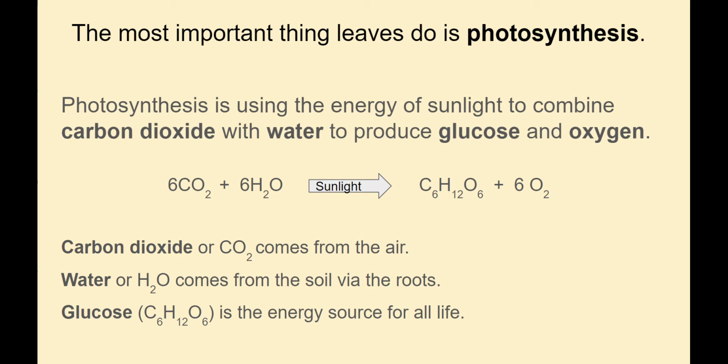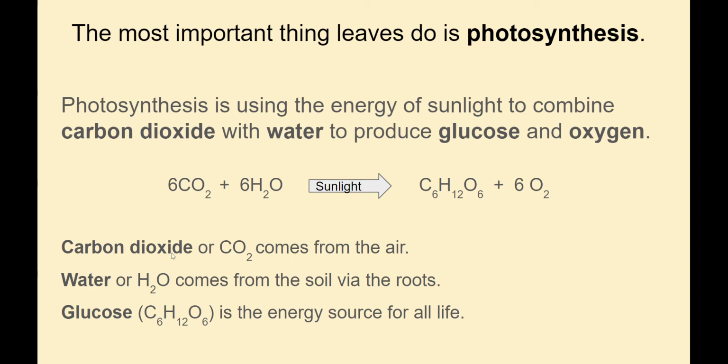And in the presence of sunlight, those two compounds, carbon dioxide and water, become a product called glucose. And so, besides glucose, I also release oxygen. Now, why is this important? Well, if you think about it, carbon dioxide is poisonous. Okay? The carbon dioxide, or CO2, C is carbon, O is oxygen.